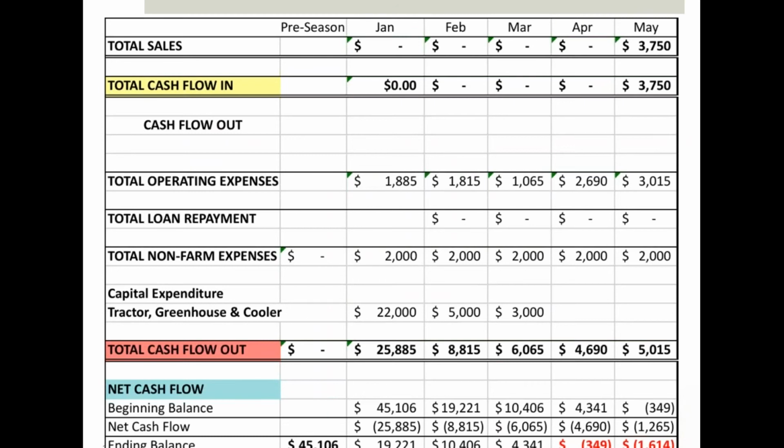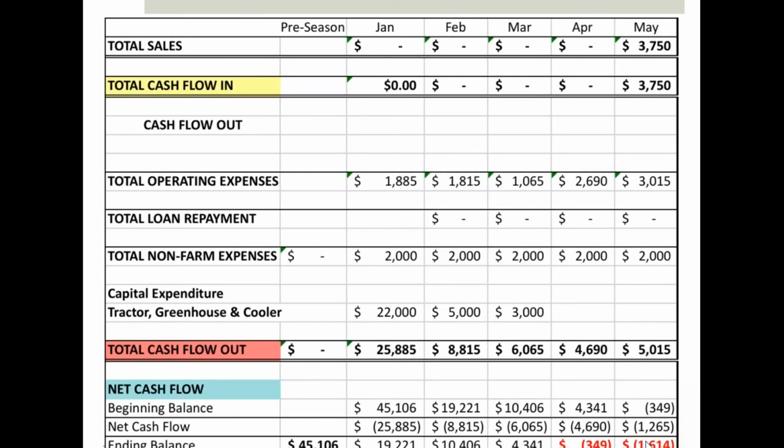He has a cash flow analysis building in the $22,000 as a new cost in January, greenhouse in February, and cooler in March. And what he realizes is, oh, he's going to run out of money if he does this before he actually starts generating enough money to offset the costs. So he needs to figure out some way to finance this in order to make it happen.